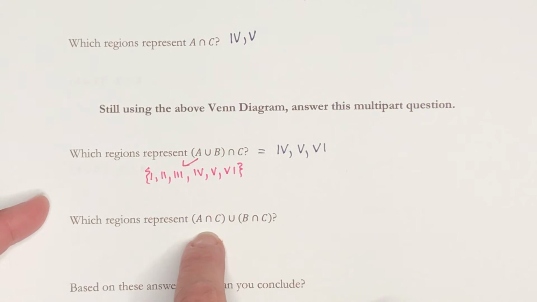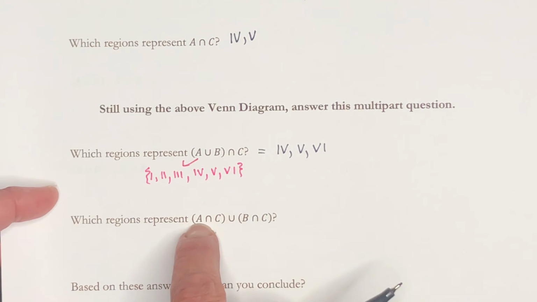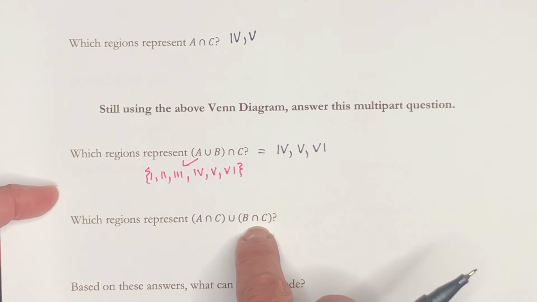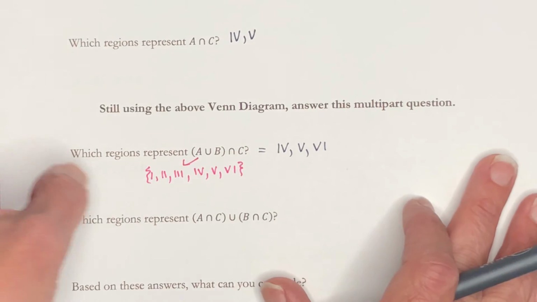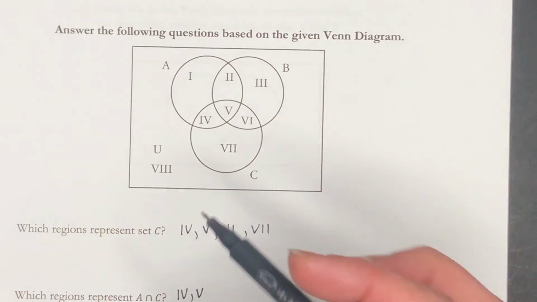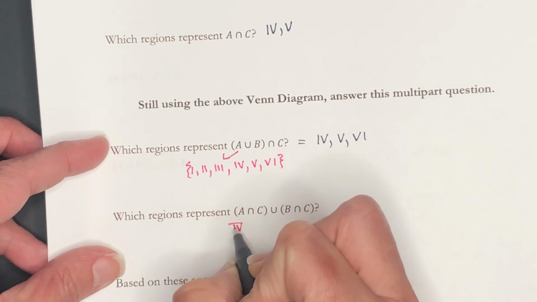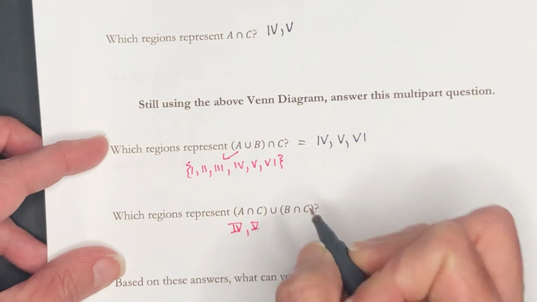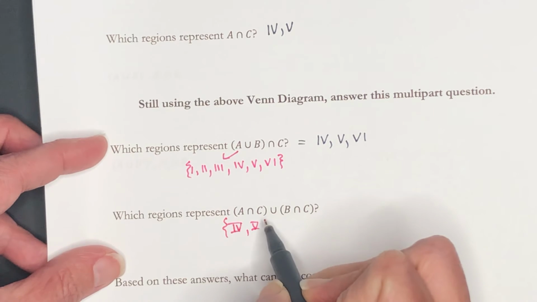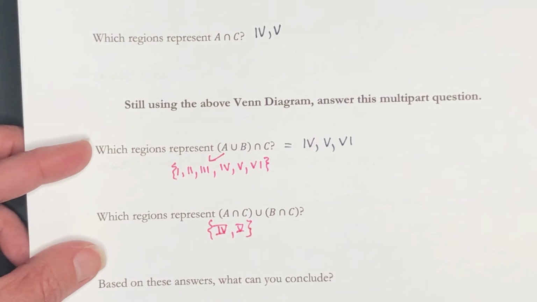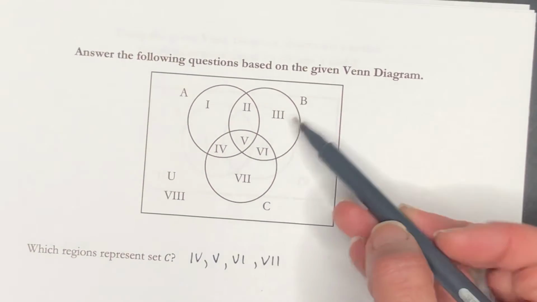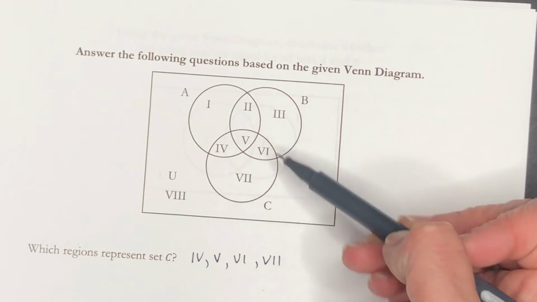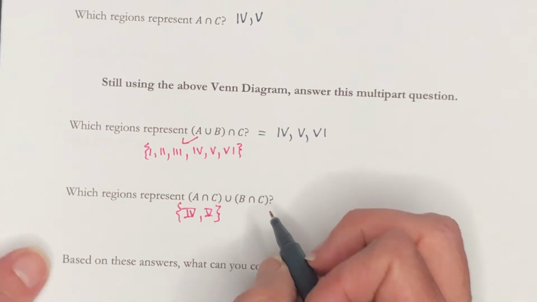Okay, similar here. Which regions represent A intersected with C union B intersected with C? So A intersected with C first. What do A and C have in common? 4 and 5. I don't know why I just put the lines on top of that one and not the others, but I'm sure you understand what I've done. And then B intersected with C. What do B and C have in common? 5 and 6.